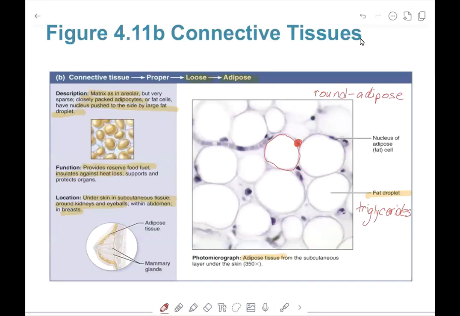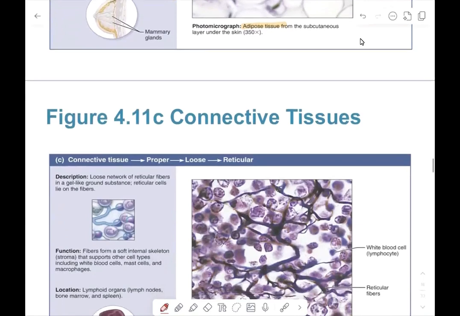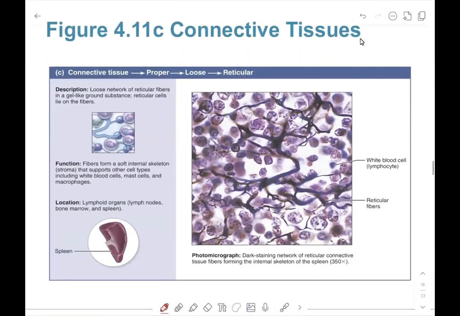The third type of loose connective tissue is what we call reticular connective tissue. And reticular connective tissue is going to be branched, which makes it stick out. It's a loose network of reticular fibers, also still a gel-like ground substance.